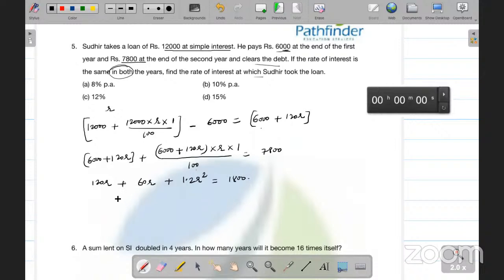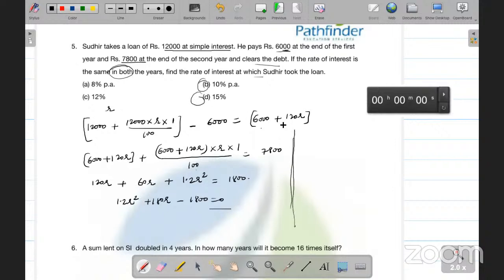And what is that quadratic equation? 1.2R square plus 180R minus 1800 must be equal to 0. This is the quadratic equation that you obtain. But I could solve this question easily by substituting from the options, correct? So I start with either 15% or 10% because they are easy to calculate.